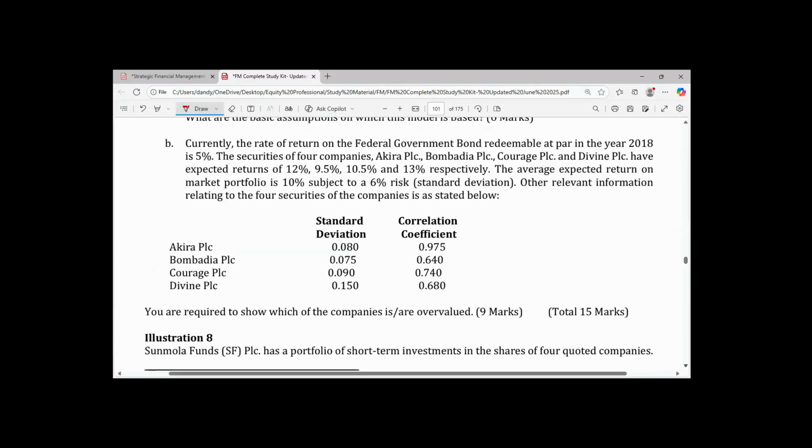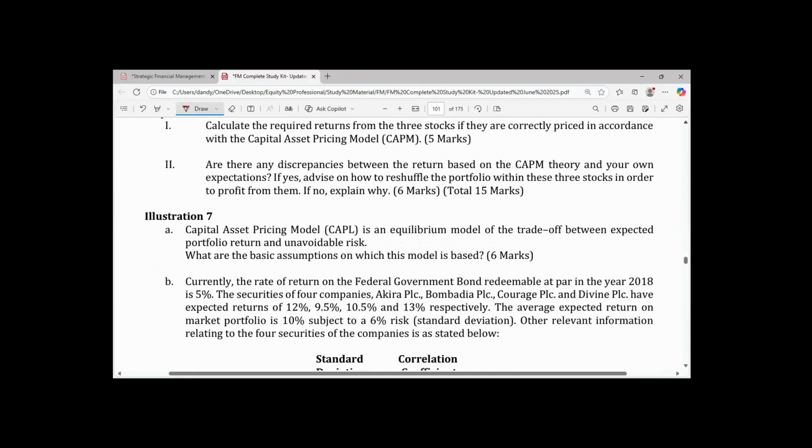Okay, let's start with illustration number 7. We are going to solve illustration 7 and 8.